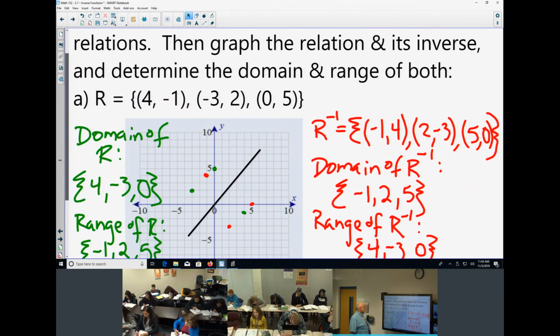Okay? Now, when you have the points, the domain is just the x values, and the range is just the y values. But notice when you switch the points, the domain of the inverse is the same thing as the range of the original function. And the range of the inverse is the same as the domain of the original function.